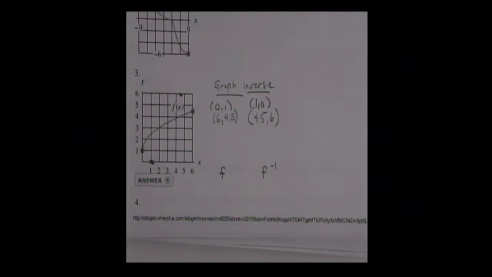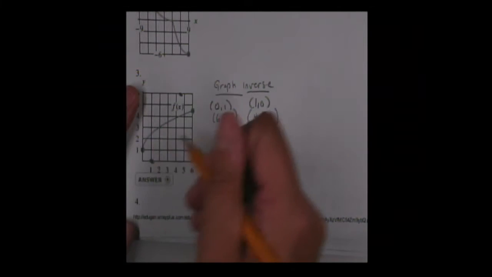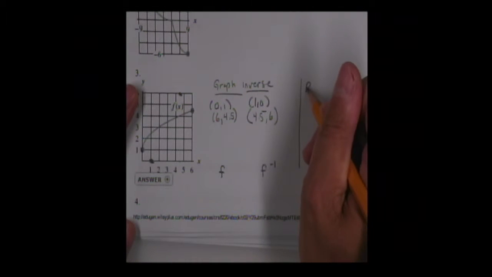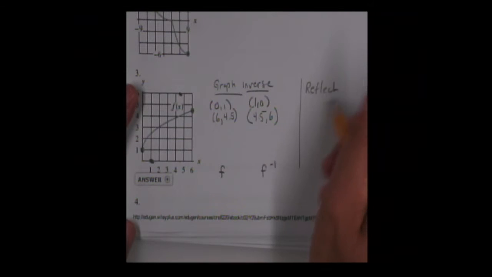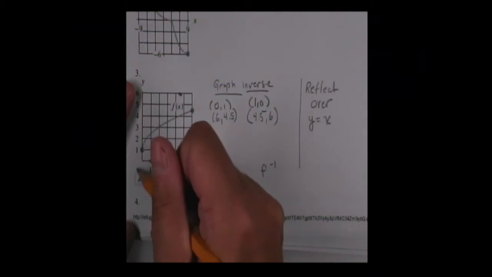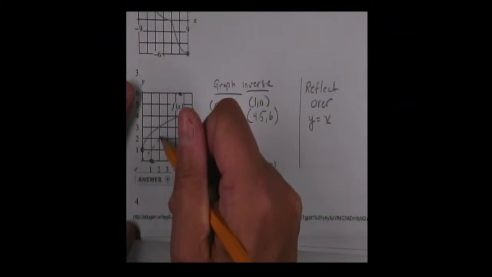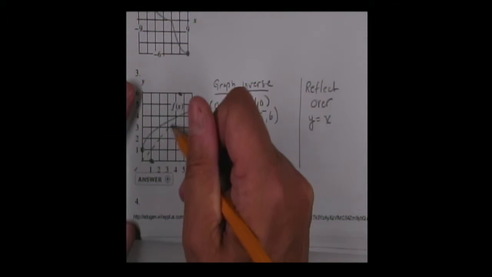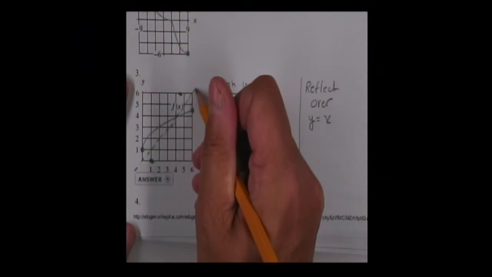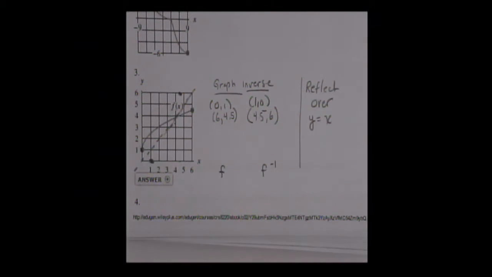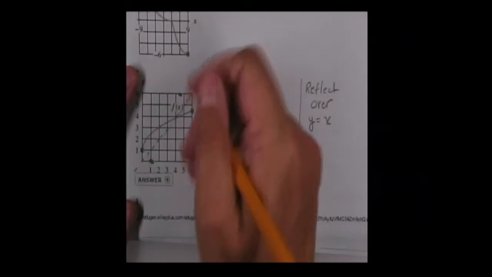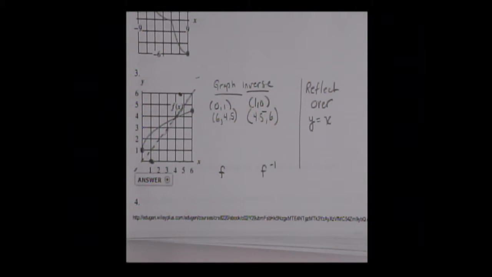I can pick a whole bunch of points. Usually what I do, I'll confess, to help me out, is I'll also remember that to get the graph, I can reflect the first one over the line y equals x. So I usually use that to help me out a little bit. I usually draw the line y equals x, make it so it doesn't look quite so much like it has a bend in it, and then I use that to draw a mirror image.